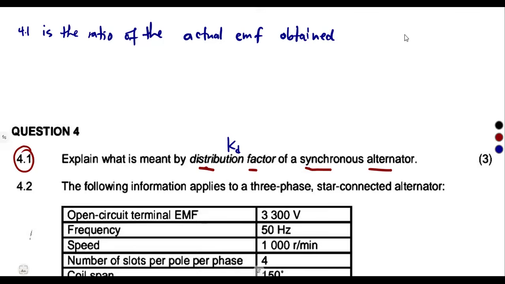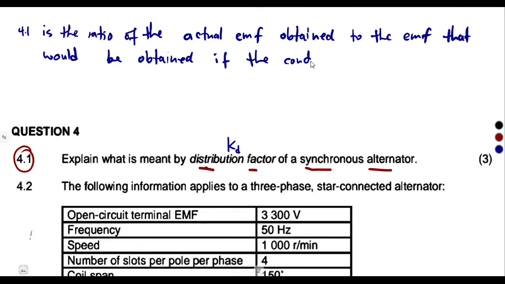The ratio of the actual EMF obtained to the EMF that would be obtained if all conductors were concentrated in one slot only.